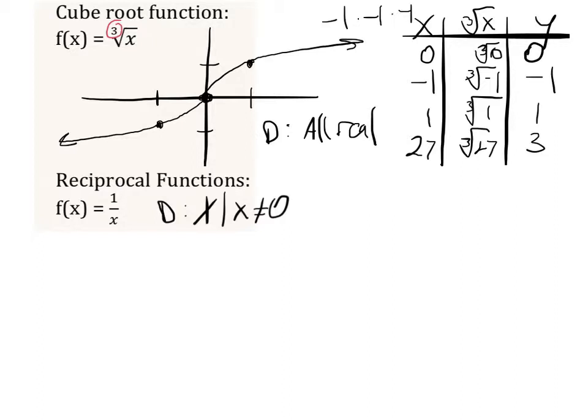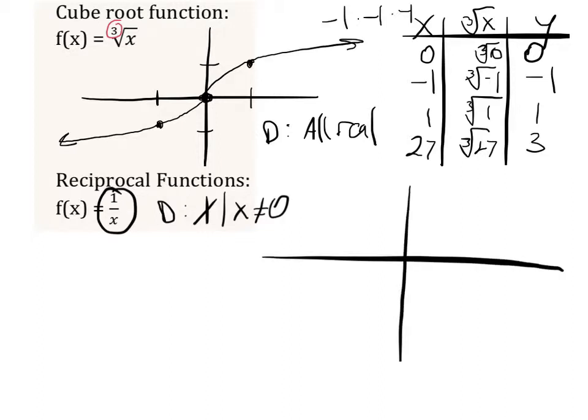Because we can't have an x equal to 0 with this function, we also can't ever have an f of x equal to 0. So what happens is we end up having two asymptotes, one at f of x equals 0 and one at x equals 0.